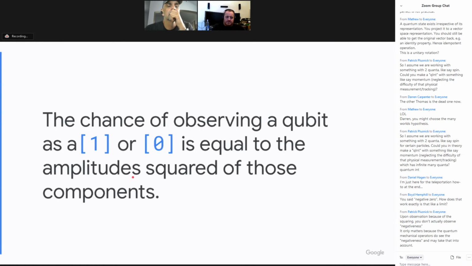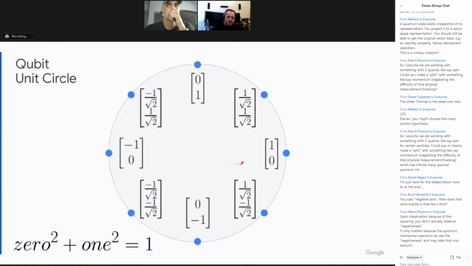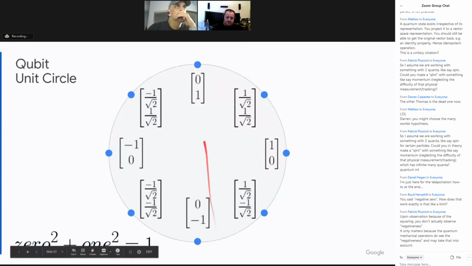That's a technical term, and amplitude is meant to be, if you saw this as a Cartesian graph, how far along the axis are you? So in this case, we're at a -1 amplitude along the 0 axis. And in this case, we're at a +1 amplitude along the 1 axis. So this has a 1 amplitude in oneness. This has a -1 amplitude in oneness.